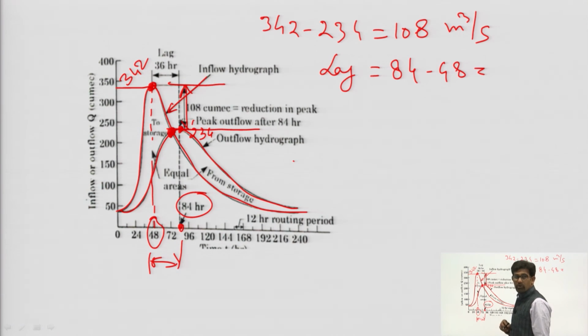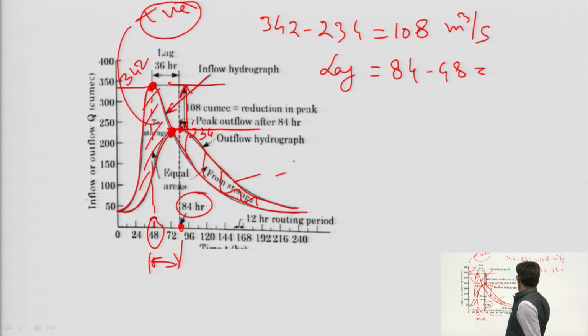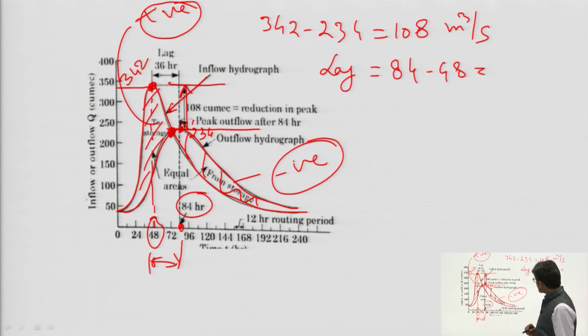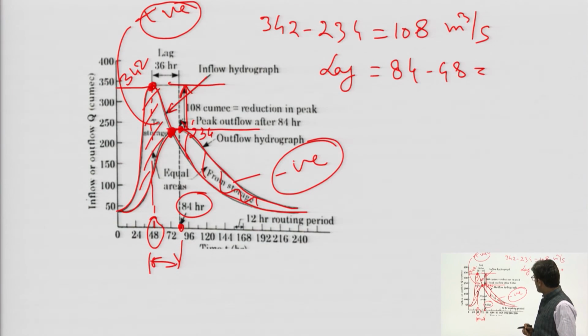From this diagram, the positive storage is between this, and from here this is the negative storage. So this was the method for reservoir routing, and now how channel routing can be done.